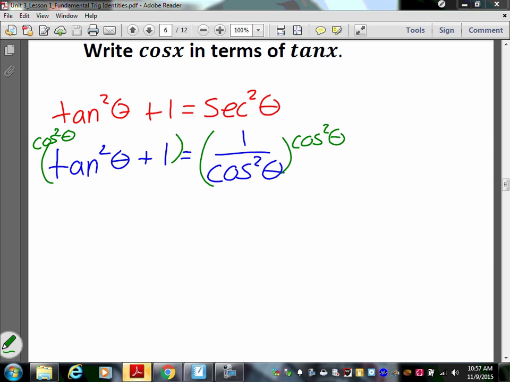So I'm calling on your algebra skills. And rather than distribute, I'm going to leave it like this because I want to get tangent squared theta plus 1 away from the cosine squared.